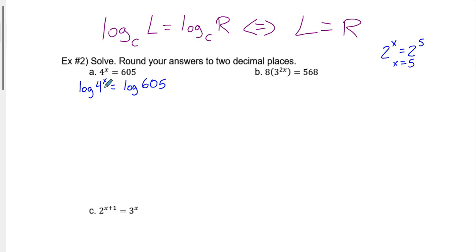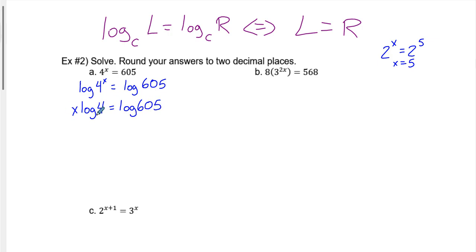Because exponentials and logarithms are inverses of each other, they help to essentially cancel each other out. So instead of having this exponential and going through a whole bunch of trial and error to find out 4 to the power of whatever equals 605, we can apply our logarithmic laws to bring that x out in front and get rid of that exponential.